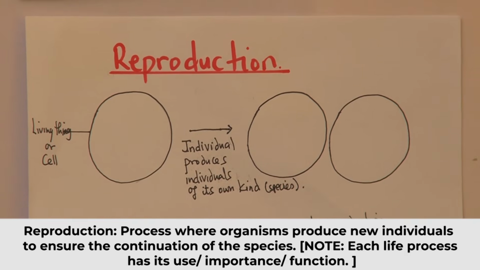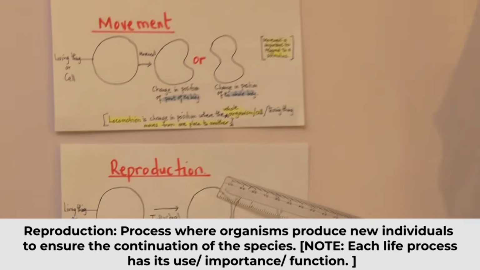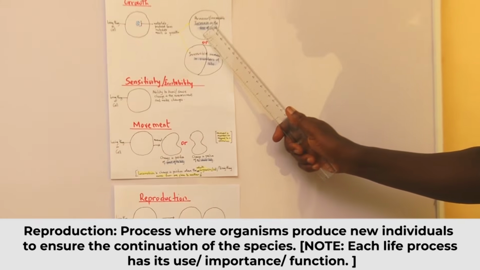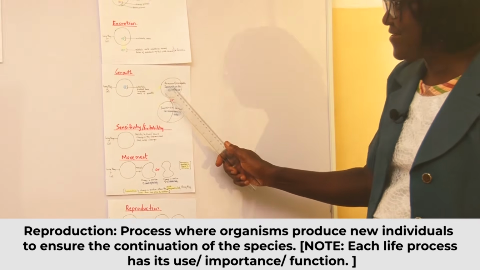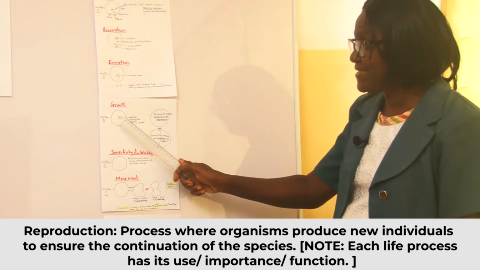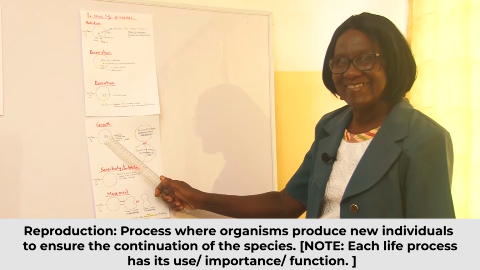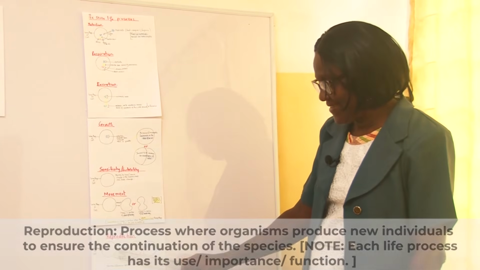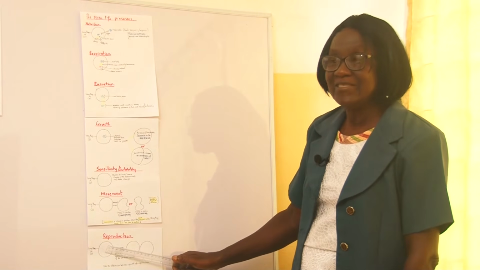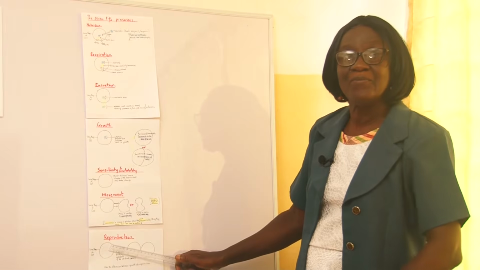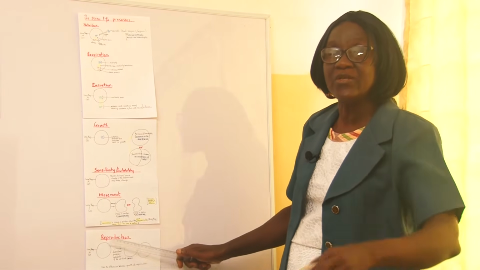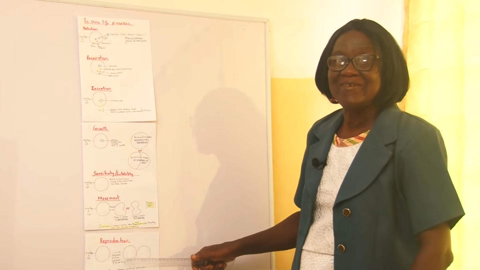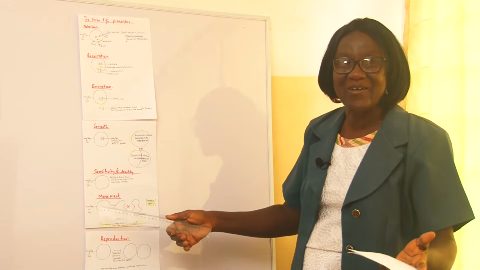Now, note the difference between reproduction and growth. You see, growth, there's an increase in numbers in the same living thing, all right? Whereas reproduction is the living thing producing more, not inside it, but producing more into the environment.